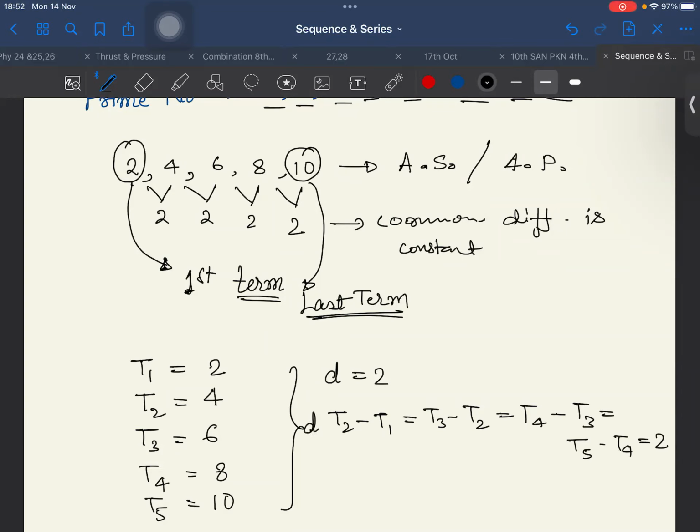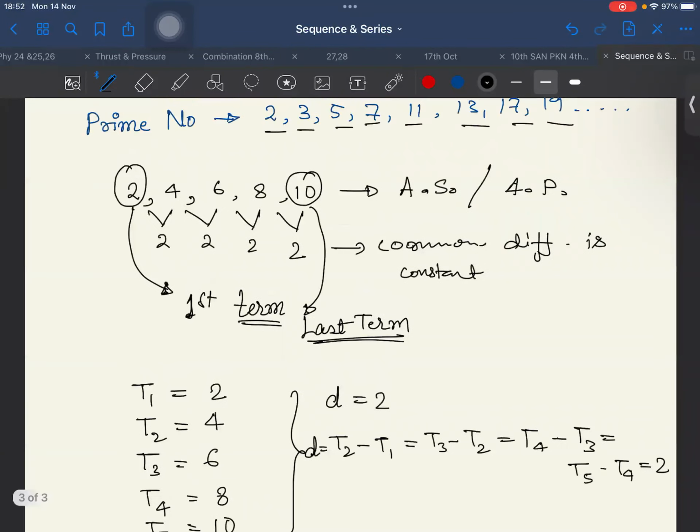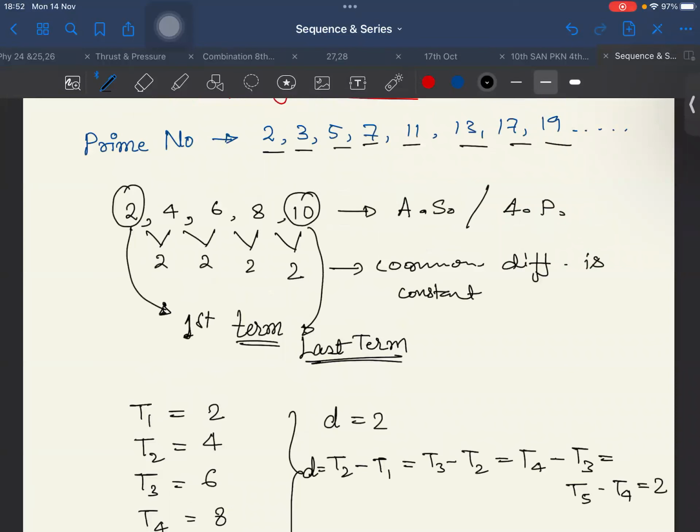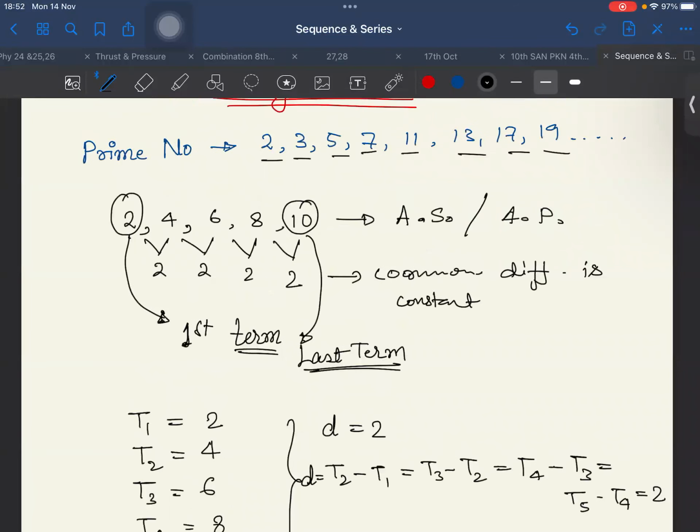This is called your common difference. That means you can find the difference of any 2 terms and it will remain constant throughout the series in arithmetic progression, or arithmetic series. Okay, so let's solve some questions based on this.